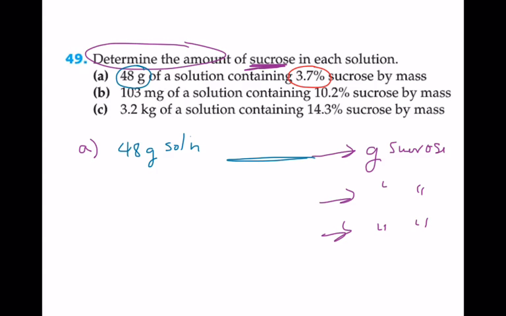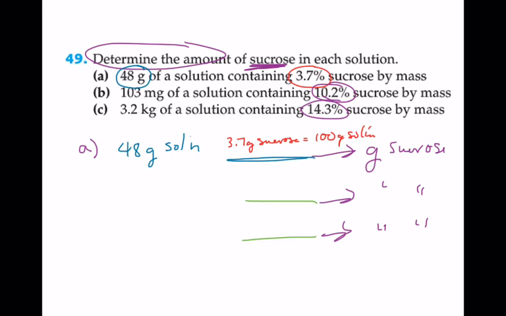That means there are 3.7 grams of sucrose equals 100 grams of solution. Now that is going to be different for all of them because they all have varying weight percents. So that's kind of a similar pattern.